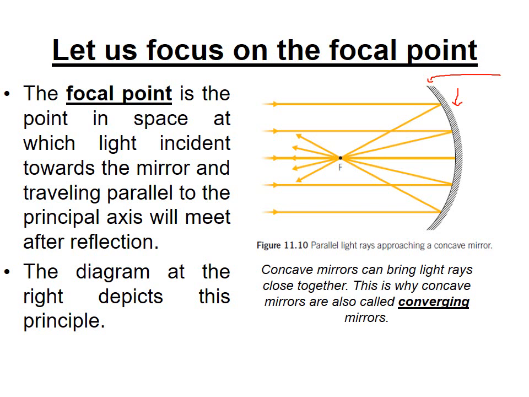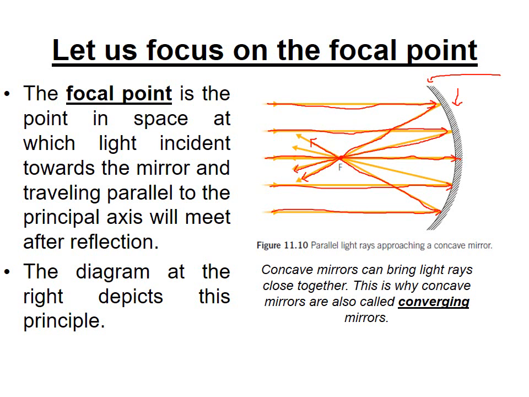So the reason that this is called the focal point over here is because when light rays that are parallel to each other and also parallel to the principal axis are aimed towards the mirror, they will reflect, so bounce off the mirror, and meet at the focal point. So that point where all those light rays that were parallel to each other and to the principal axis meet, once they reflect, that is called the focal point.